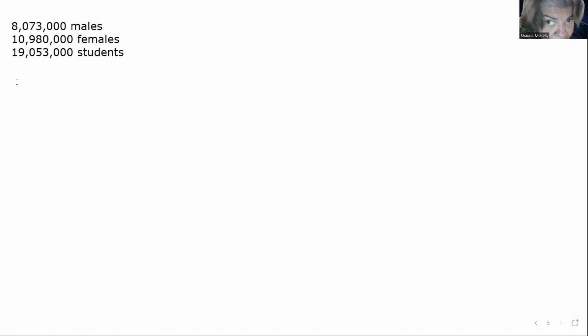Okay. Now, we did the percentages. I'm going to do the tree diagram for you here. So first, I'm going to start with male, female. I'm going to draw this tree, going to look slightly different. This is going to be male and female. Okay. Male, female, right here.